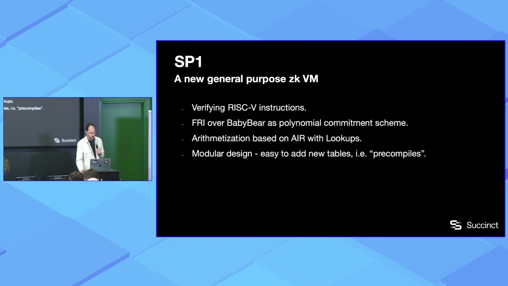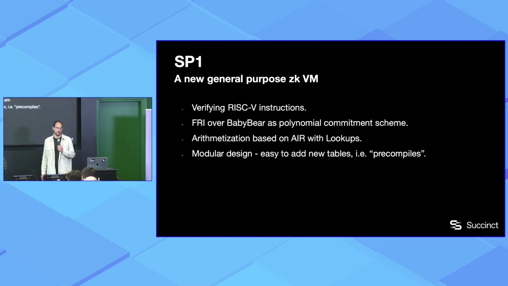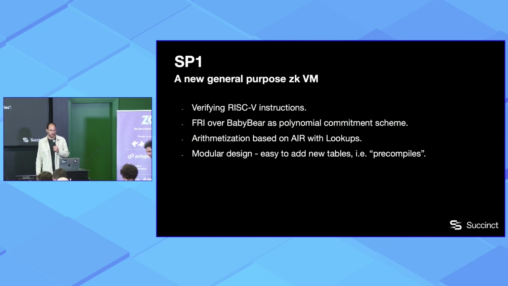So SP1 is a new general purpose ZK VM that we released last month or so. And just a few details about it. It's verifying RISC-V instructions, and we use FRI over the BabyBear field. This might change soon with Circle STARK, but so far we're using BabyBear.